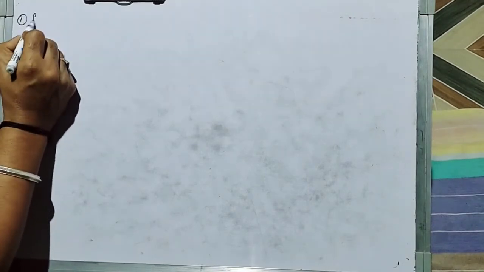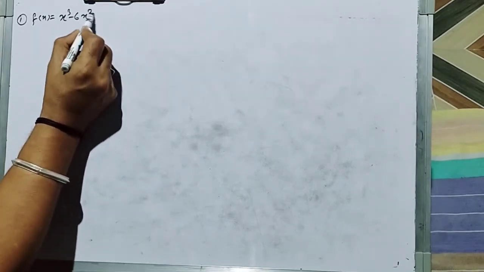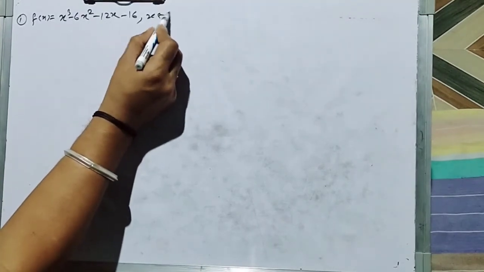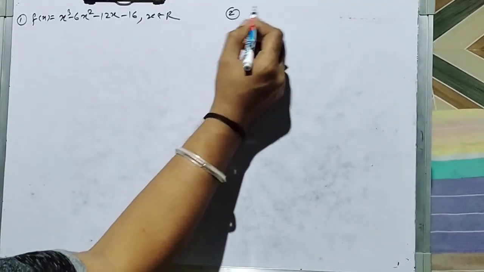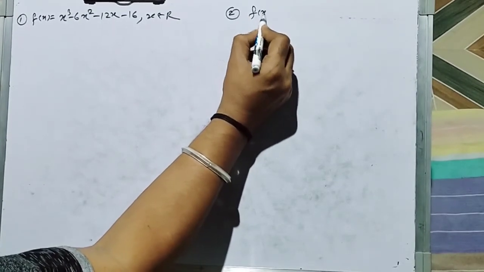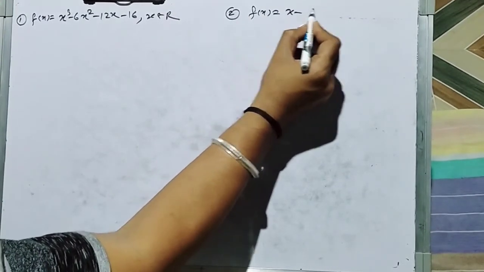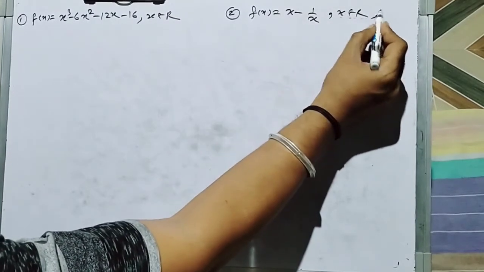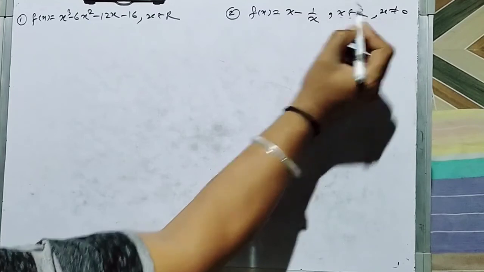Now check whether the functions are increasing or decreasing. So here first one, f of x is equal to x cube minus 6x square minus 12x minus 16, x belongs to R. And the second example is f of x is equal to x minus 1 divided by x, x belongs to R and x is not equal to 0.